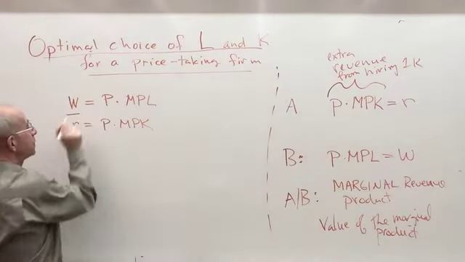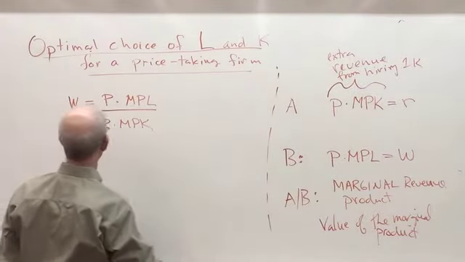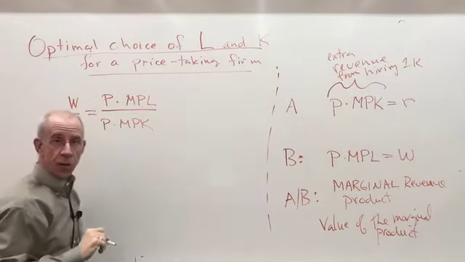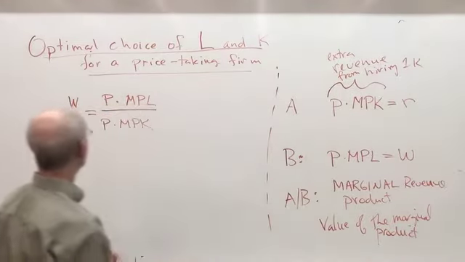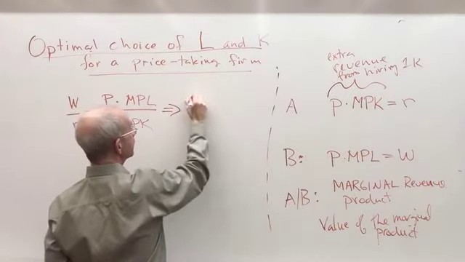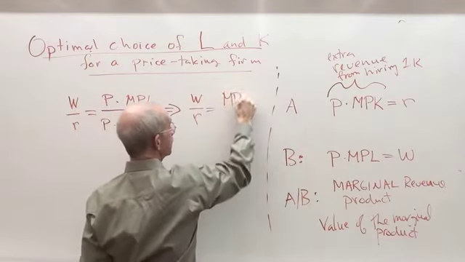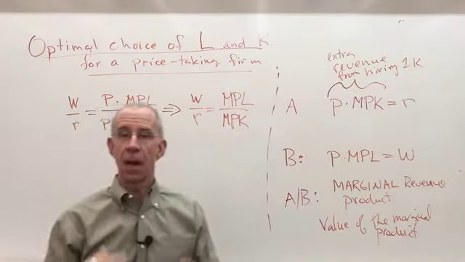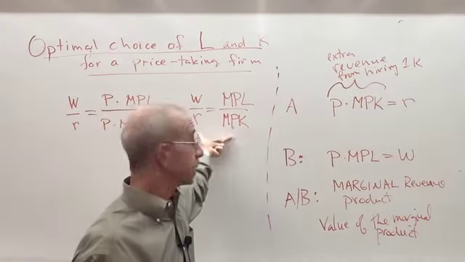I'm going to look at the wage compared to rent, and I'm going to look at the other side, which is the ratio of the value of marginal products. You'll see that there's a price up above and a price down below. In other words, you can rewrite this as the wage-rental ratio is equal to the marginal productivity of labor over the marginal productivity of capital. Optimal choice of labor and capital will give you this condition here.